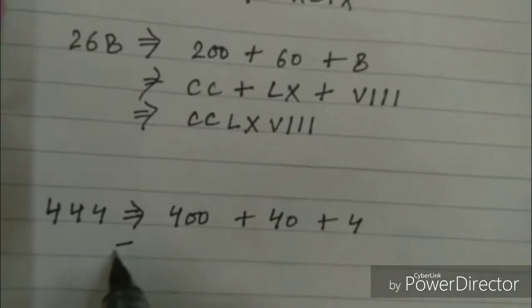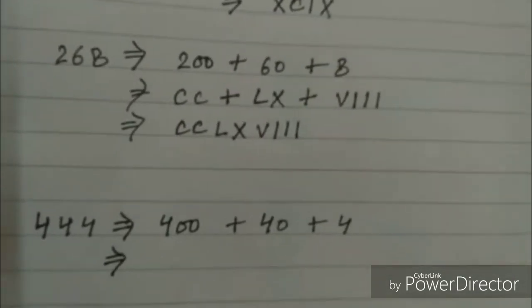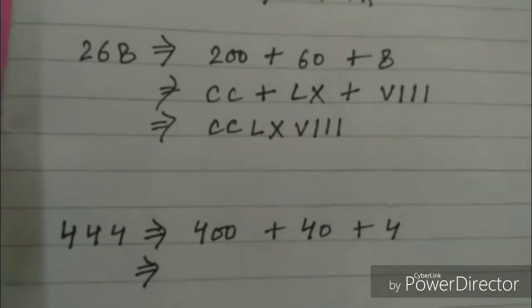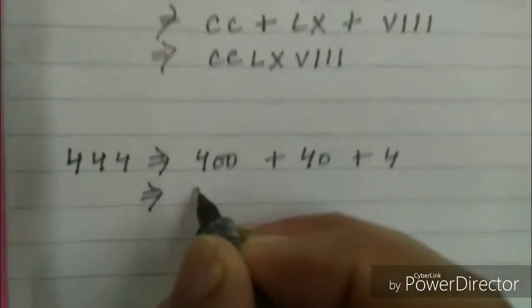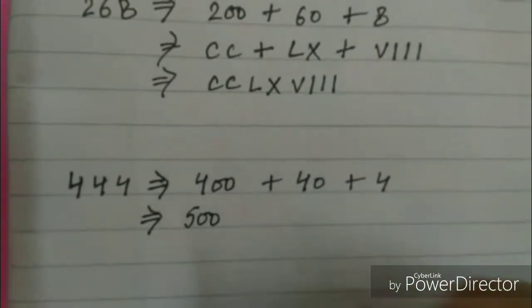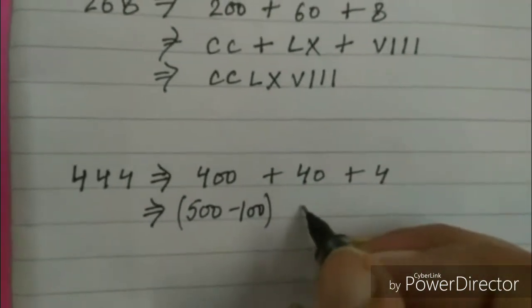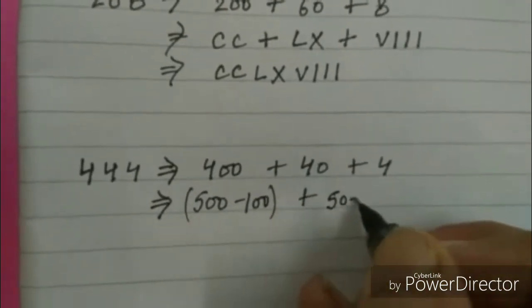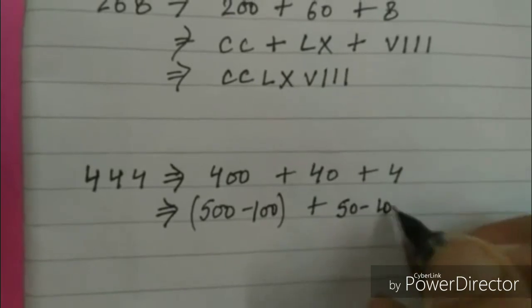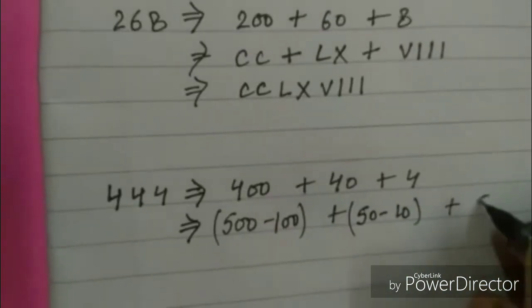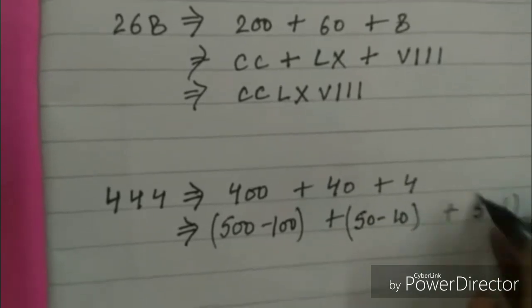Then we know, according to our table, that 400 can be written as 500 minus 100. 40 can be written as 50 minus 10. Correct. And 4 can be written as 5 minus 1. Simple.